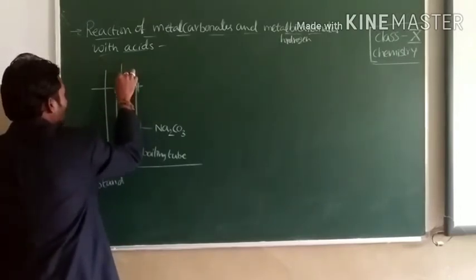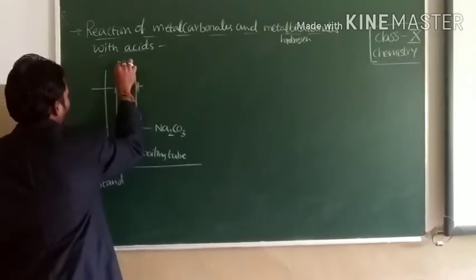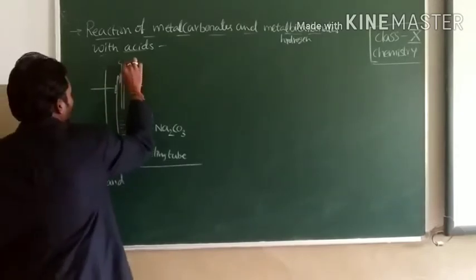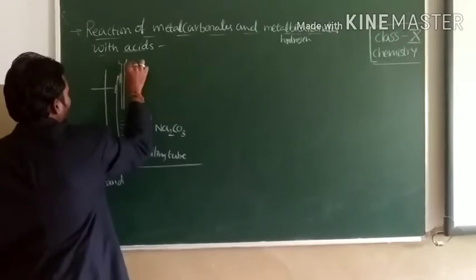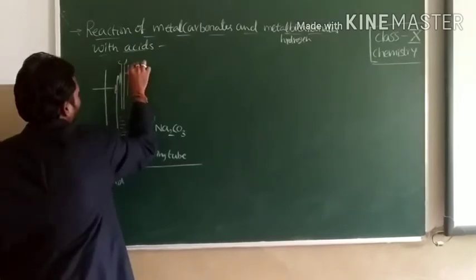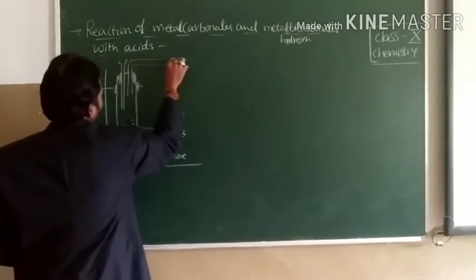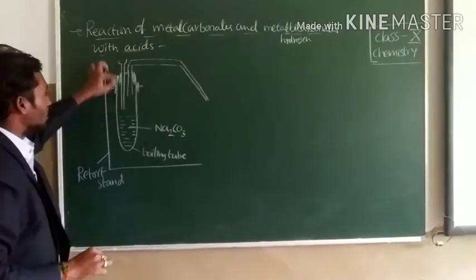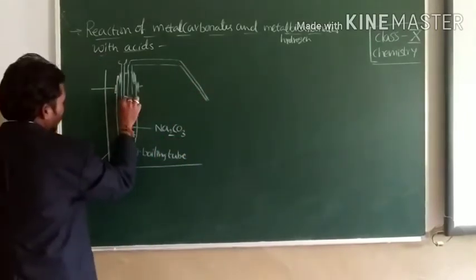Through one hole we insert a thistle funnel, and in the other hole we insert a delivery tube. This is called a thistle funnel.